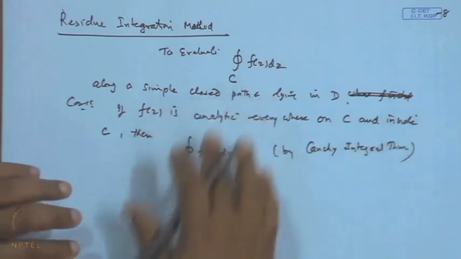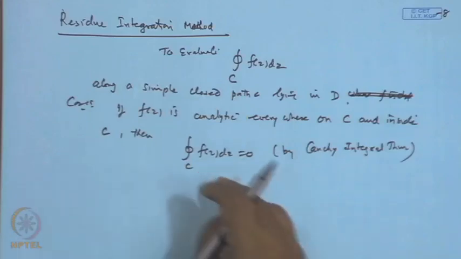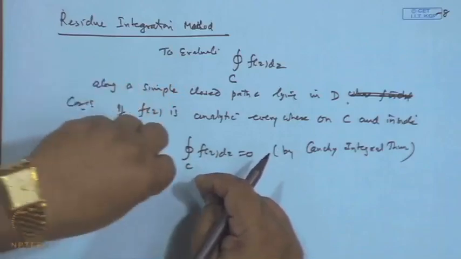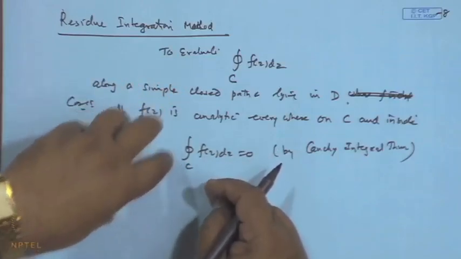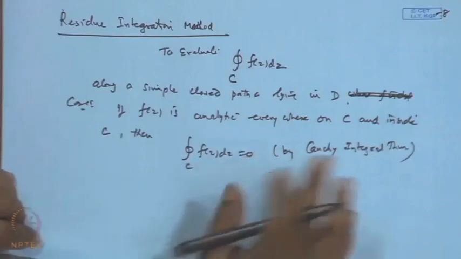So evaluation of such an integral is very easy. You just have to identify whether the given function is analytic at every point inside C, as well as on the boundary of C. So integration along the closed path will be 0.